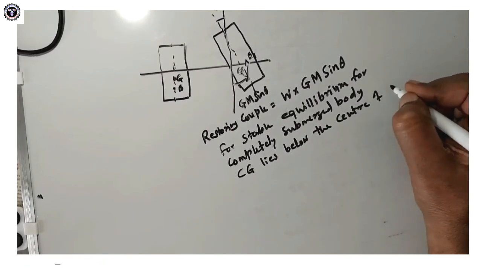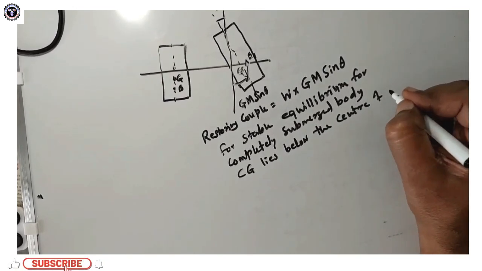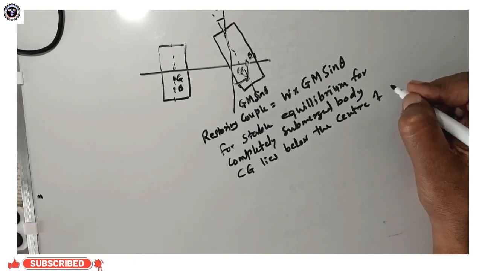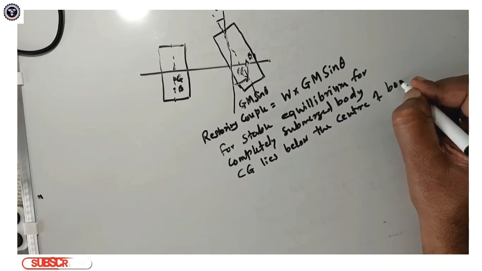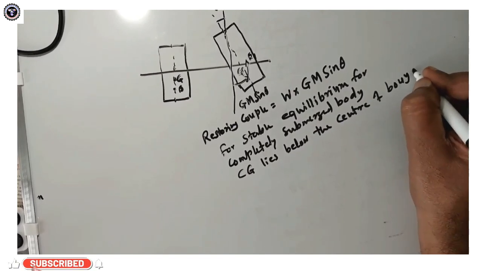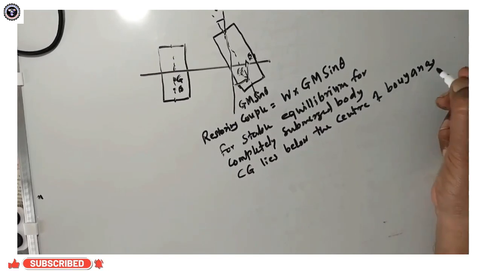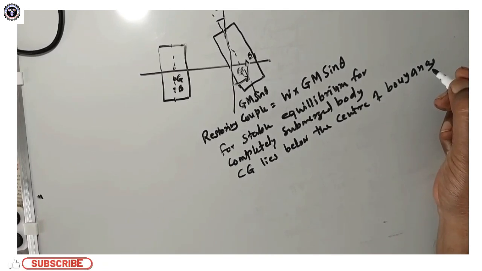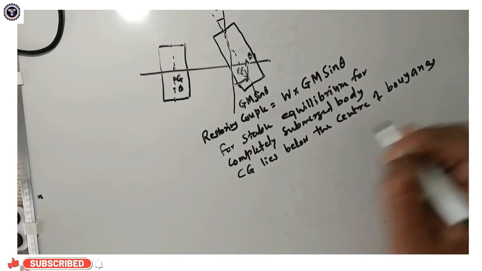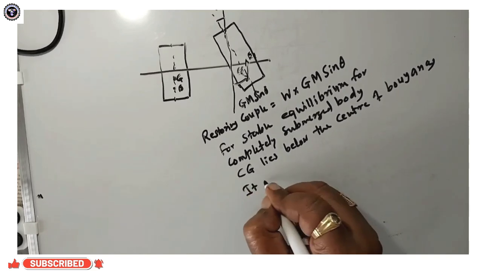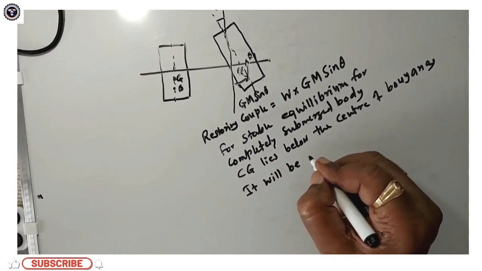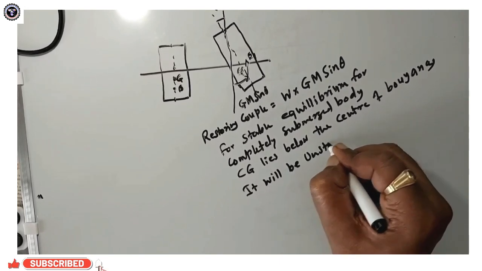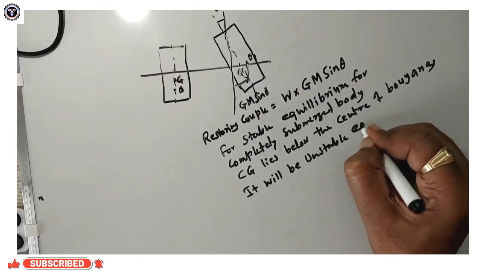I am talking about the submerged body, not floating body. Below the center of buoyancy. It will be unstable equilibrium.